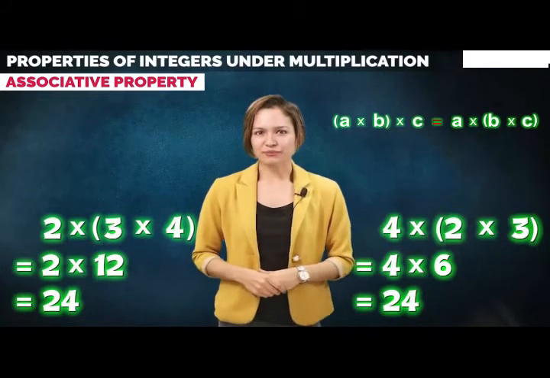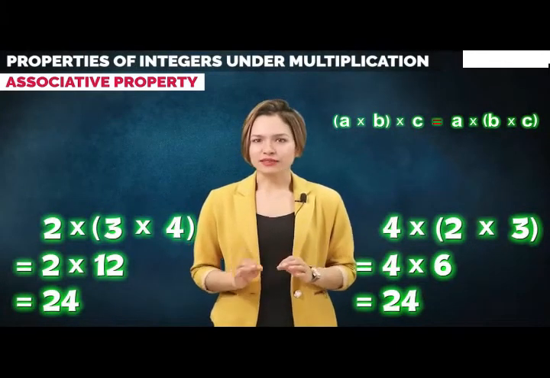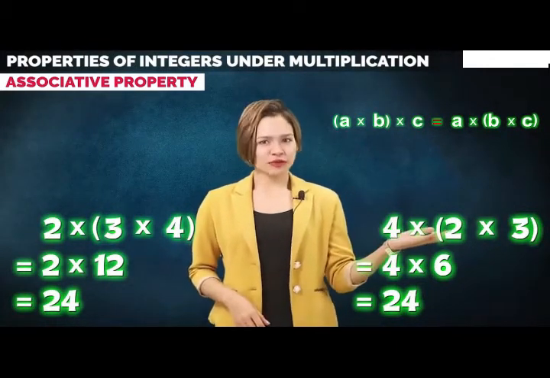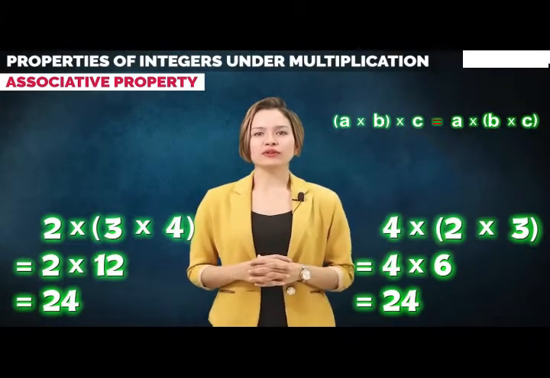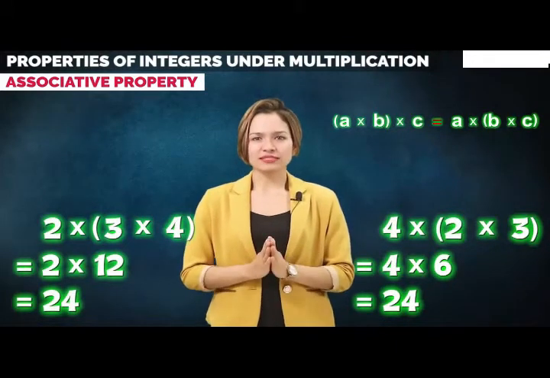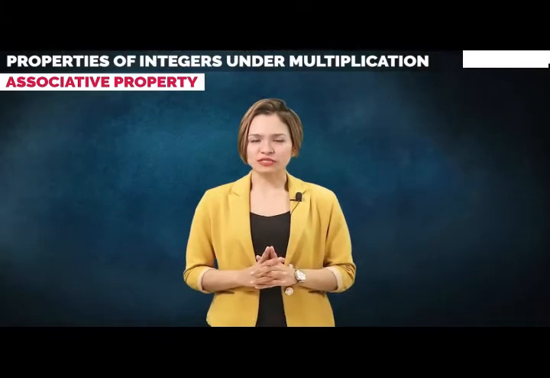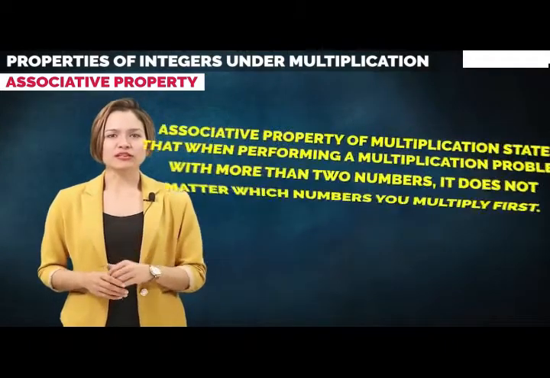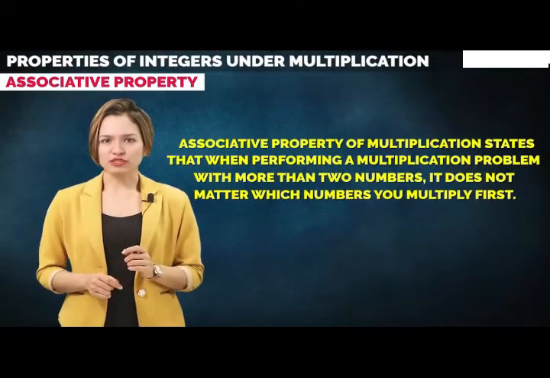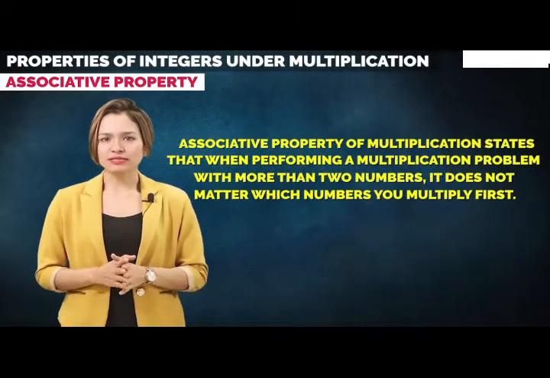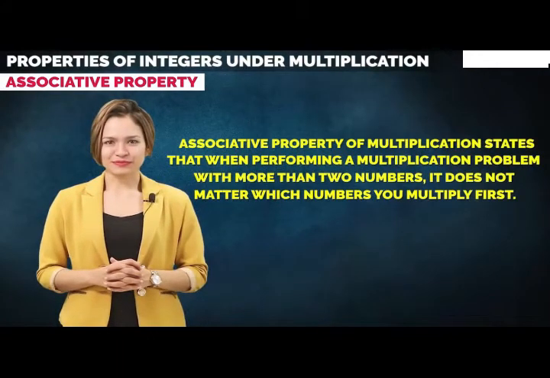So what do you infer from this example? It does not matter whether we multiply 2 and 3 first or 3 and 4 first. The result remains the same. Thus, we can say that multiplication follows the associative property of integers, which states that when performing a multiplication problem with more than 2 numbers, it does not matter which numbers you multiply first.